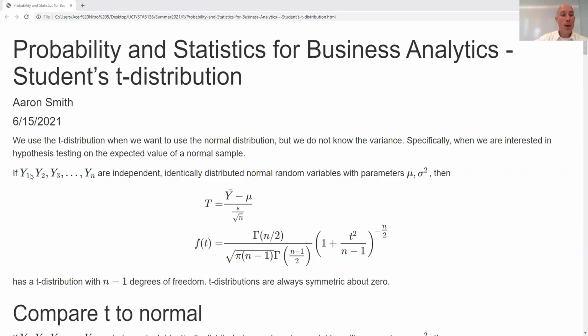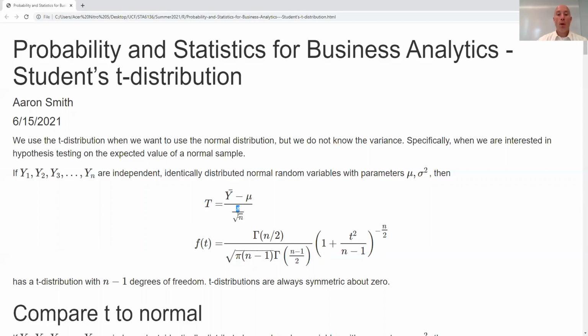So let's say that I have independent, identically distributed normal random variables, and we have mu and sigma squared as the mean and variance of the population. We're going to say that t is equal to y bar, the sample average, minus mu, divided by s divided by the square root of n.